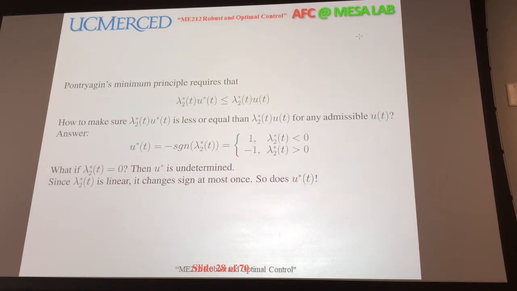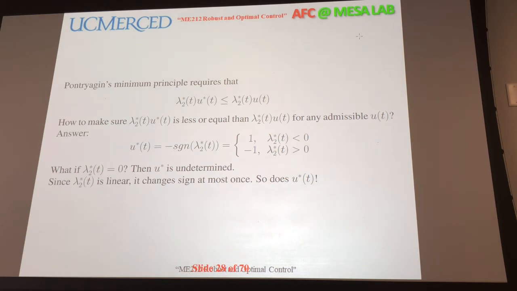If lambda is already 0, then you cannot. And lambda 2 is linear, so in this case the optimal U star is like you switch once. You cannot switch back and forth; in the optimal there is only one switch.